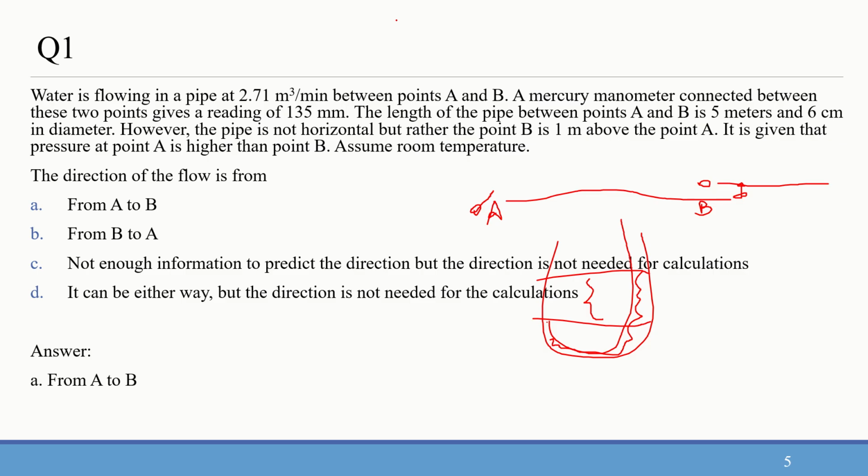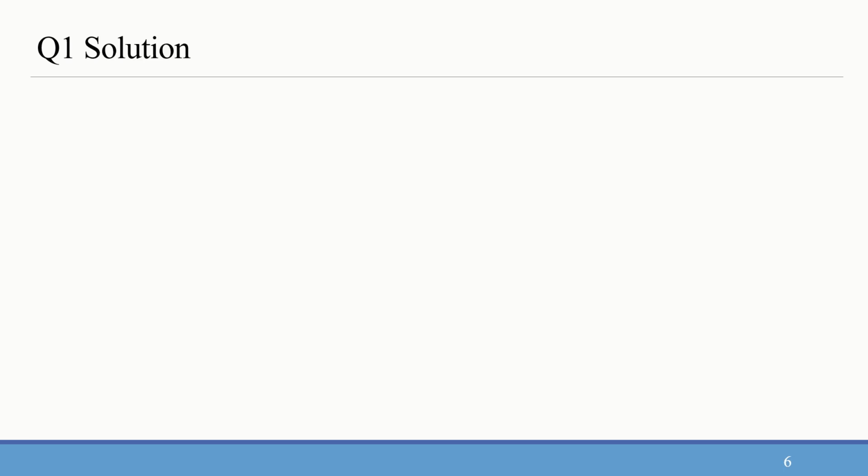So to look more in depth into it, we'll see what are all the calculations which we can do and what are all the other inferences we can get. So basically, on looking at the question, we can say that flow will happen from A to B. Now, first let us write given.